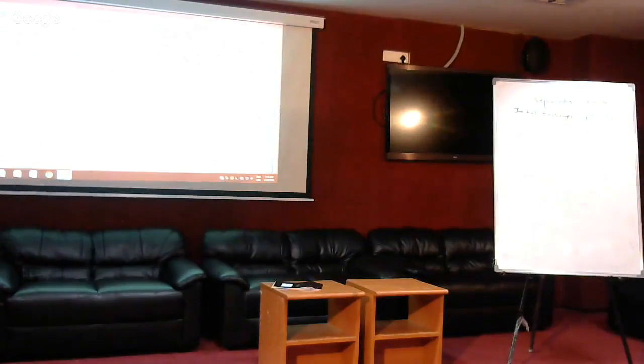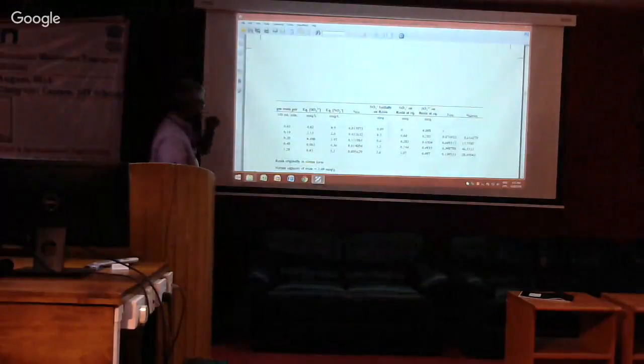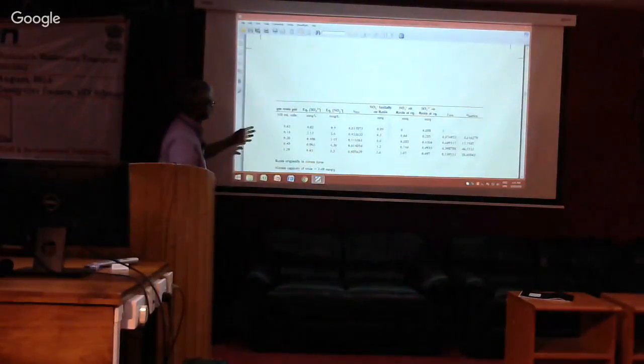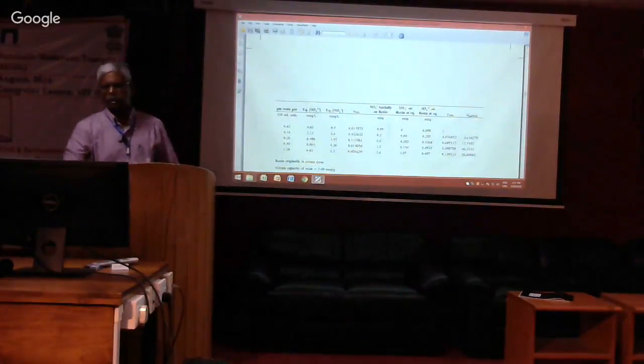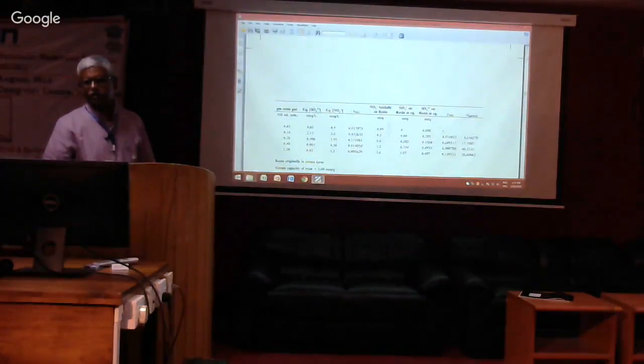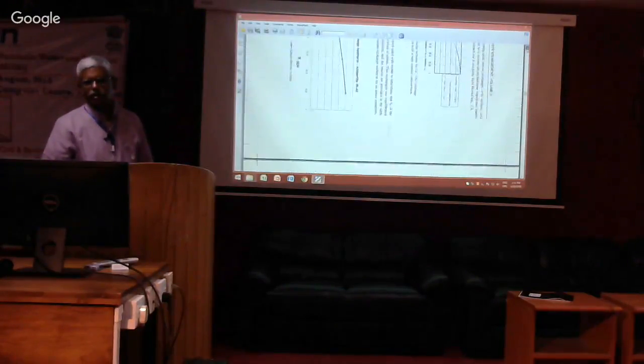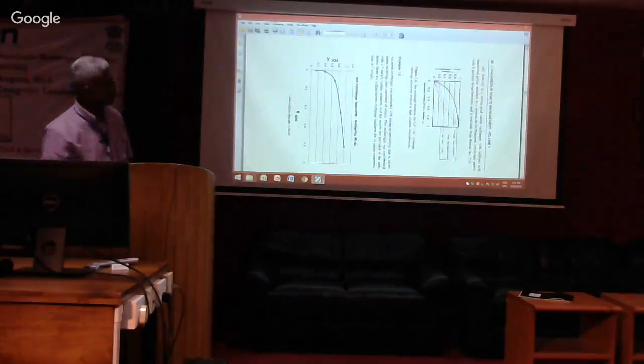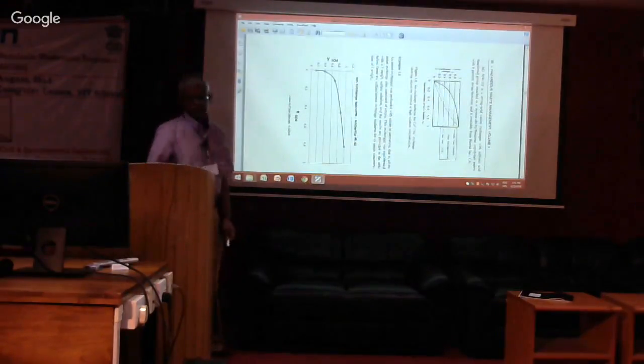I took 100 ml of solution to which I added these different amounts: 0.03 grams of resin, in another bottle 0.1, in the third 0.2, in the fourth 0.4, and so forth. So I took 5 bottles, each with 100 ml of solution. What is that solution? It is a sulfate solution, 5 milliequivalents per liter.